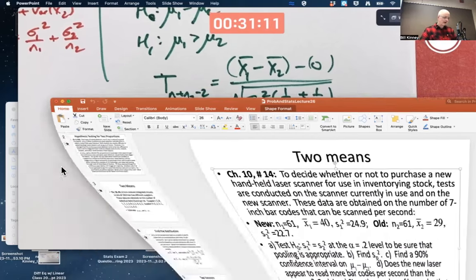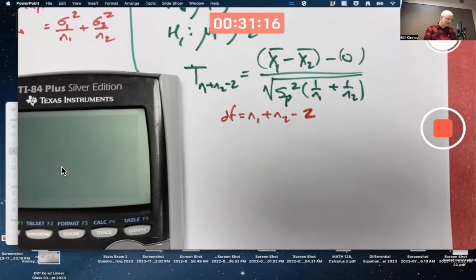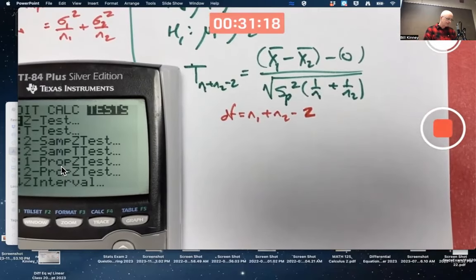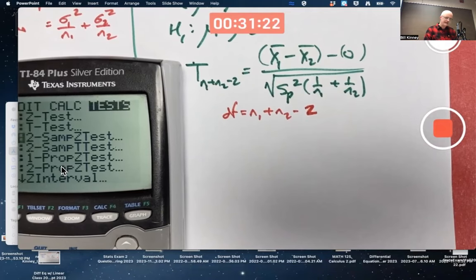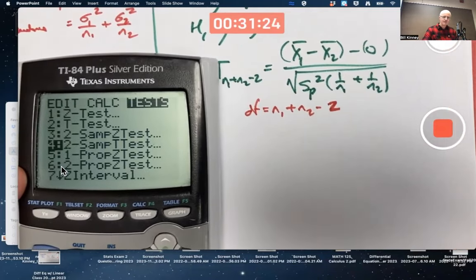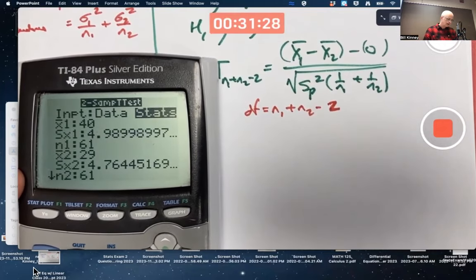How does the test turn out for this example? Now in my stat menu, instead of interval, I'm after two sample t-test. Looks like my numbers are still in there though.